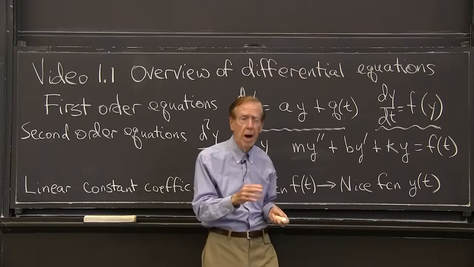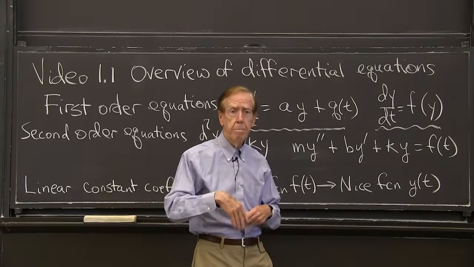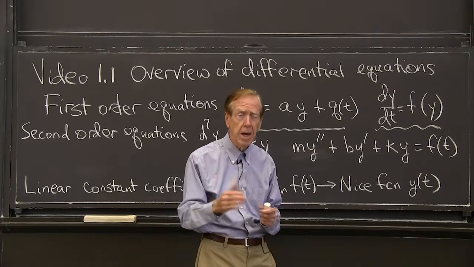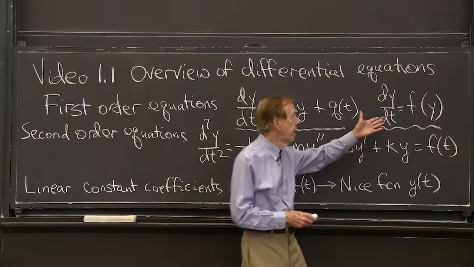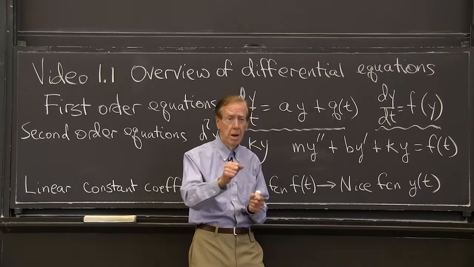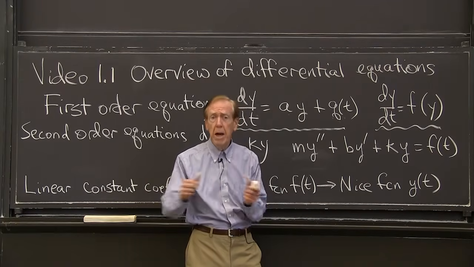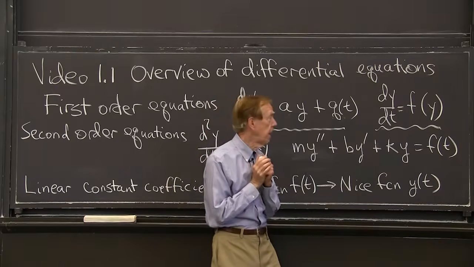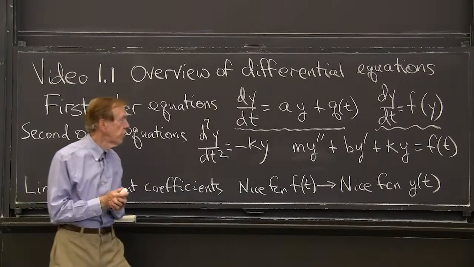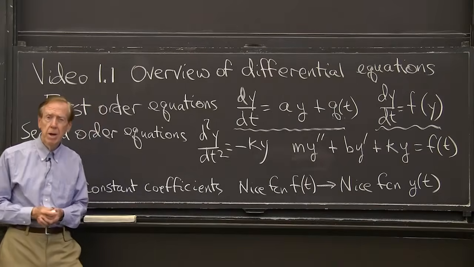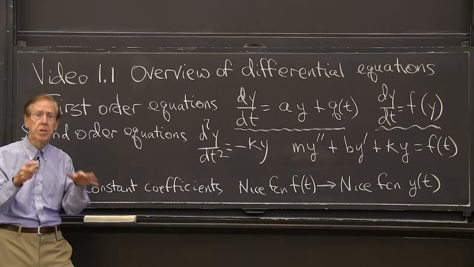I might think of y as money in a bank, growing, decaying, oscillating. Or I might think of y as a distance on a spring. Lots of applications coming. Okay, so those are first-order equations, and second-order have second derivatives. The second derivative is the acceleration.